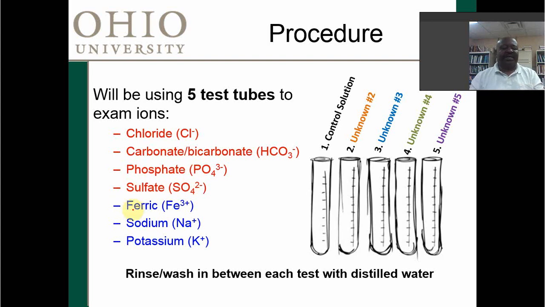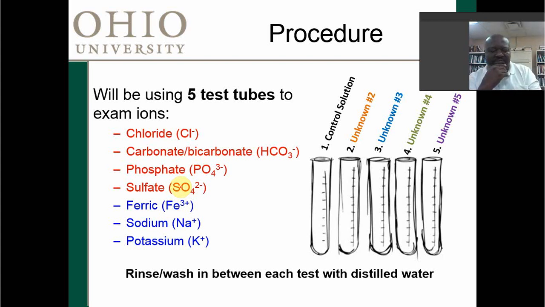Sulfate, there's a test for that. For the ferric, yes, there's a test for that. The sodium and the potassium. These are the metal ions, and these are the anions, some of them as a single atomic species and the rest of them as polyatomic. Of course, I know that one of the things that you guys are required to do is get to know your polyatomic ions.